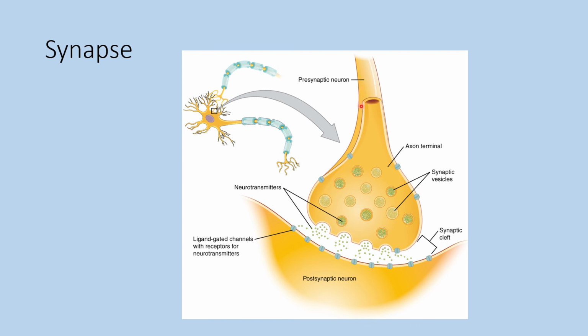So when the charge comes down along the axon, it's going to trigger the opening of these calcium gates. Calcium, which typically is higher outside, will flow in. That is going to trigger these vesicles to move towards the membrane here, and then by exocytosis, release the neurotransmitter.